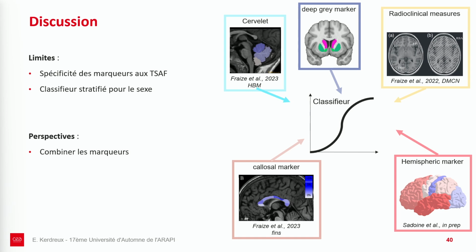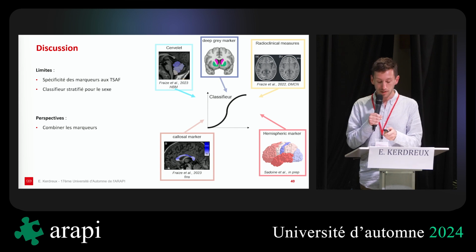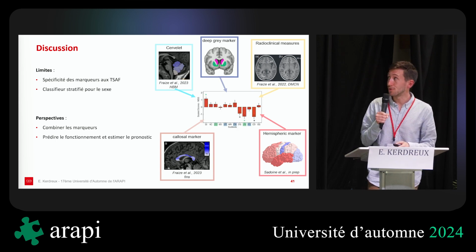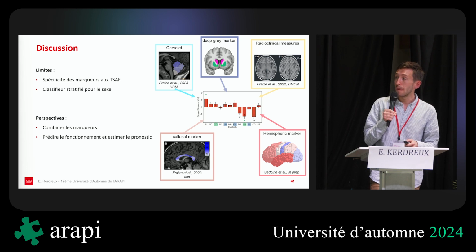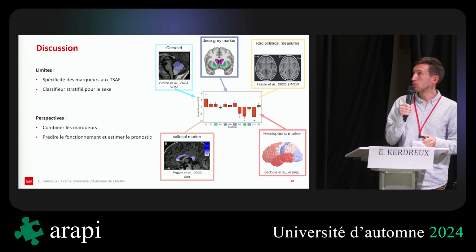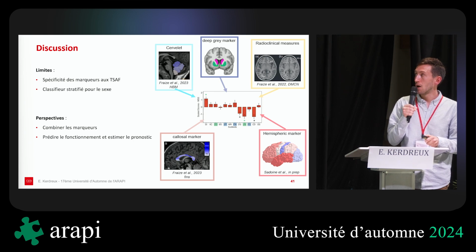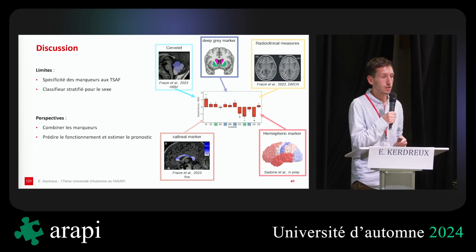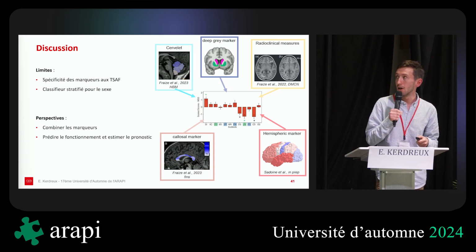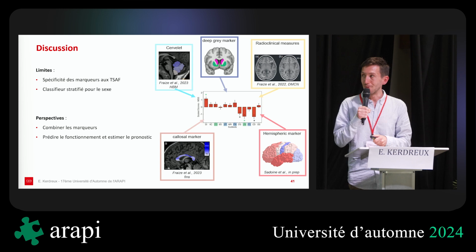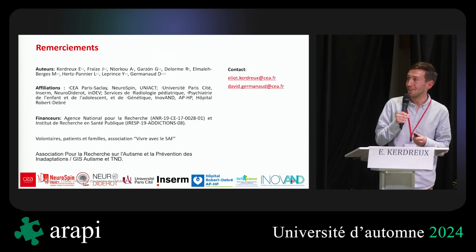We think that by combining all of these markers, we will be able to increase the specificity of our diagnostic tool, and we would like to know what it says about the function and the prognosis for these children. Very basically, we would like to have correlations between anatomy and function in their cognitive profile. Thank you for your attention.